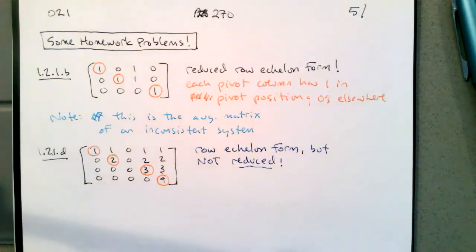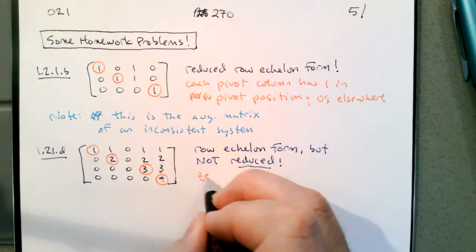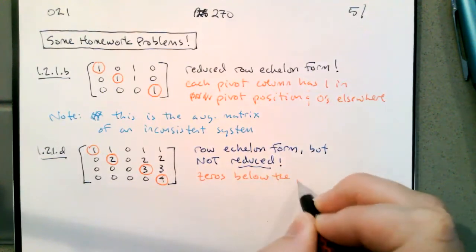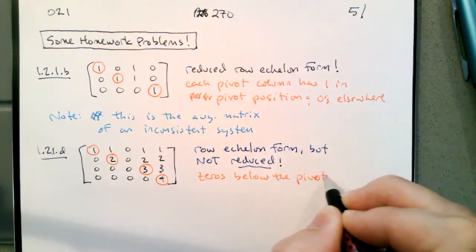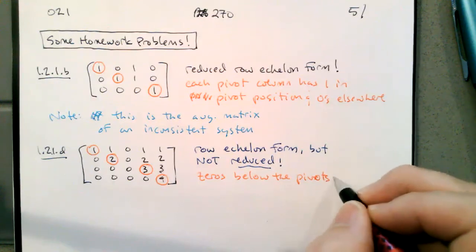The reason that it breaks the rule is that the number at each pivot position is not 1. There's two reasons. First of all, the pivots are not just ones, and also there's not zeros elsewhere. It's in echelon form because there are zeros below the pivots. So zeros below the pivots mean that we have an echelon form.